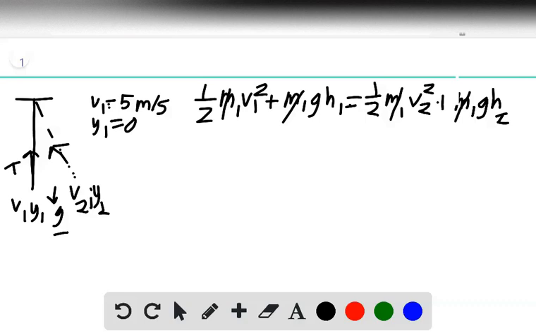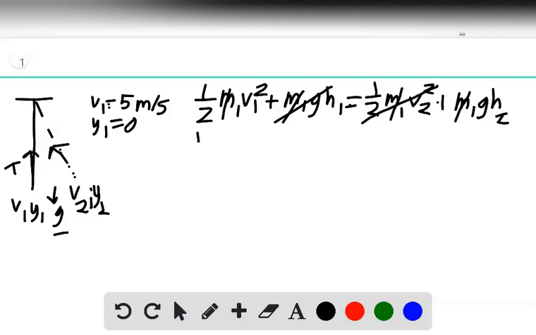We are told in the problem stem that the ground is going to be considered 0, so this potential energy term is just going to cancel because this height's going to be 0. And then if she's swinging and she gets to the top of her swing, there's going to be that moment in time where she hits the peak of her swing where her velocity is 0. So this term is going to go to 0 as well.